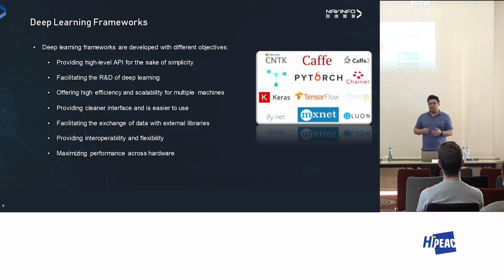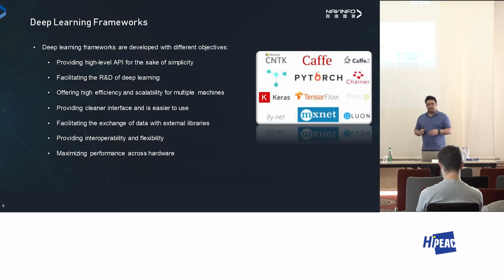What they are offering is a very simplified API and lots of features that overall try to simplify how your model is going to be trained. So the main purpose is that they want to simplify everything. Simplicity is one of the main objectives for having a deep learning framework.